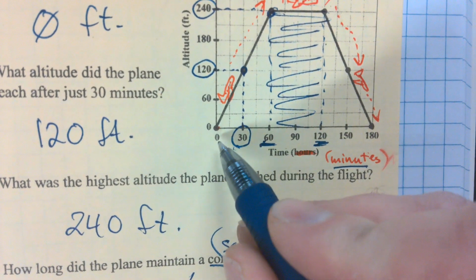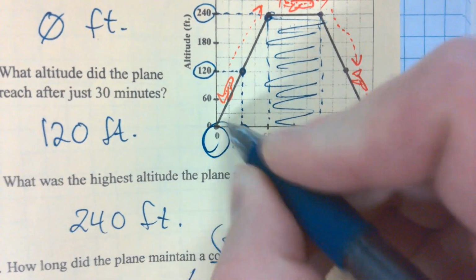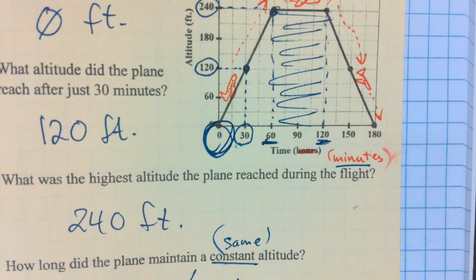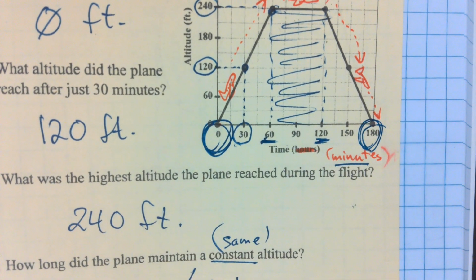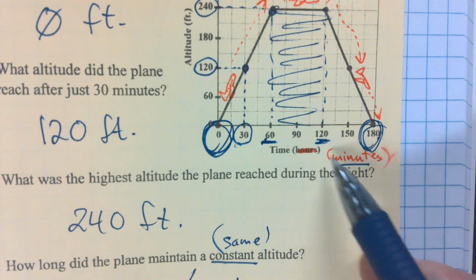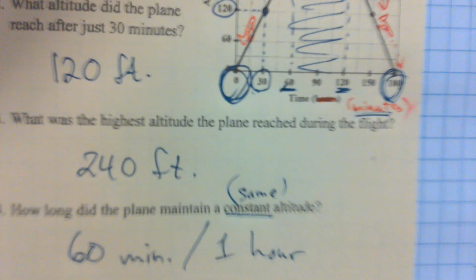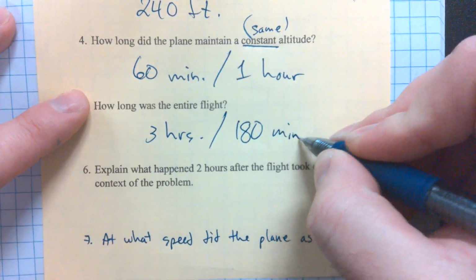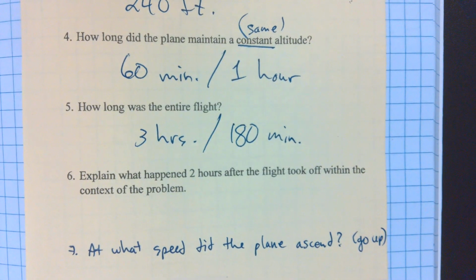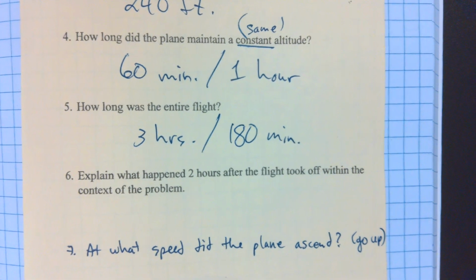Okay, good. So take a look. This first point here, we started at 0. Where on the x-axis did we end up? 180. 180 minutes. If we divide by 60, gives us 3 hours. But we could also say 180 minutes. Thank you, Leilani.